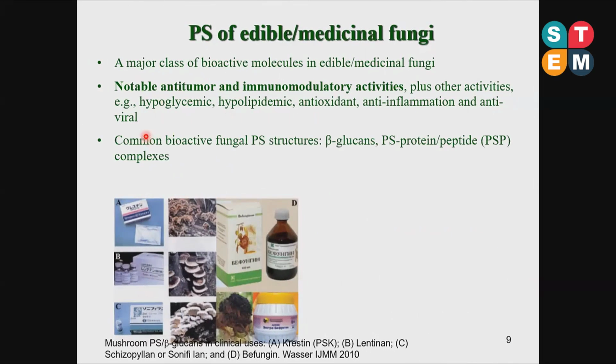So then, further about the polysaccharides from edible medicinal fungi. Polysaccharides represent the major bioactive molecules in edible medicinal fungi or mushrooms. In most mushrooms, the polysaccharide content is around 5 to 10% by weight, the most abundant macromolecule in the mushroom.